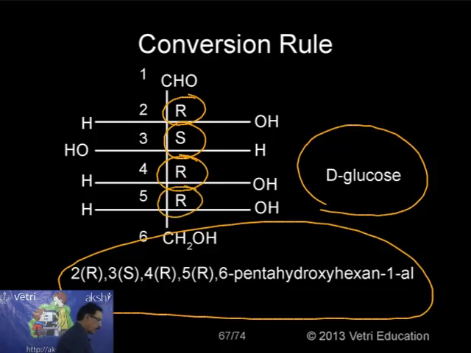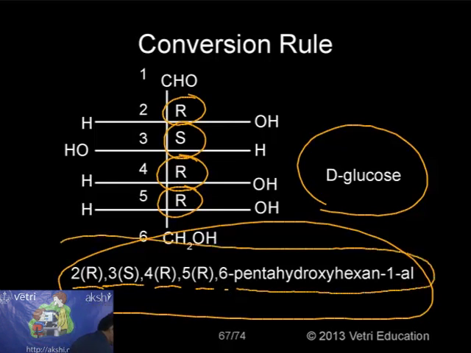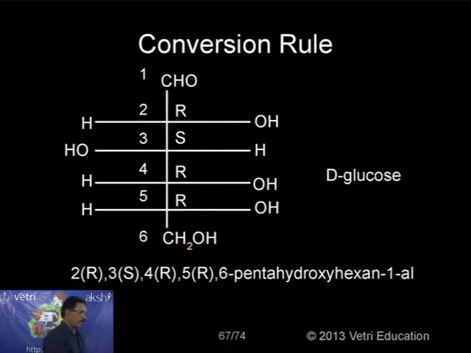Then we can give the IUPAC name as 2R, 3S, 4R, 5R, 6-pentahydroxyhexanal. This is the correct IUPAC name for D-glucose. So any optically active compound, we can systematically give an IUPAC name based on this R and S configuration.